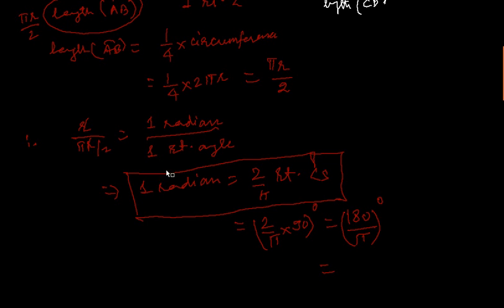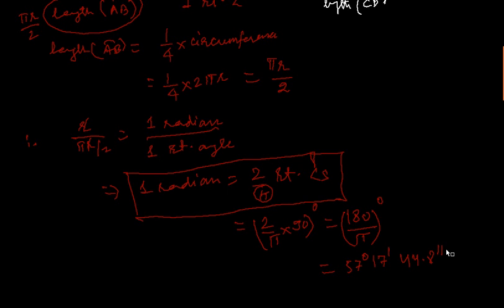First of all, can you see this is a constant quantity? Because pi is a constant quantity, 1 radian is a constant quantity. This is what we wanted to prove. Now 180 divided by pi degrees is nearly equal to 57 degrees, 17 minutes, 44.8 seconds.